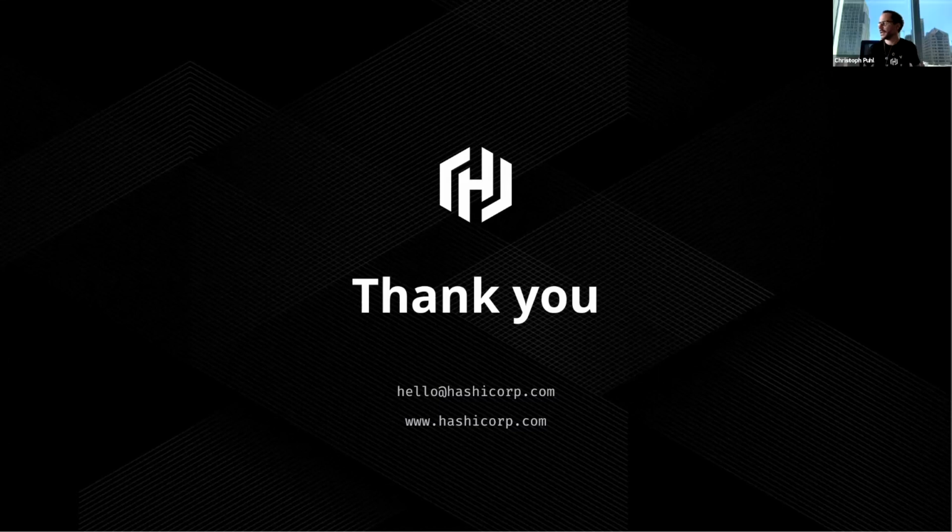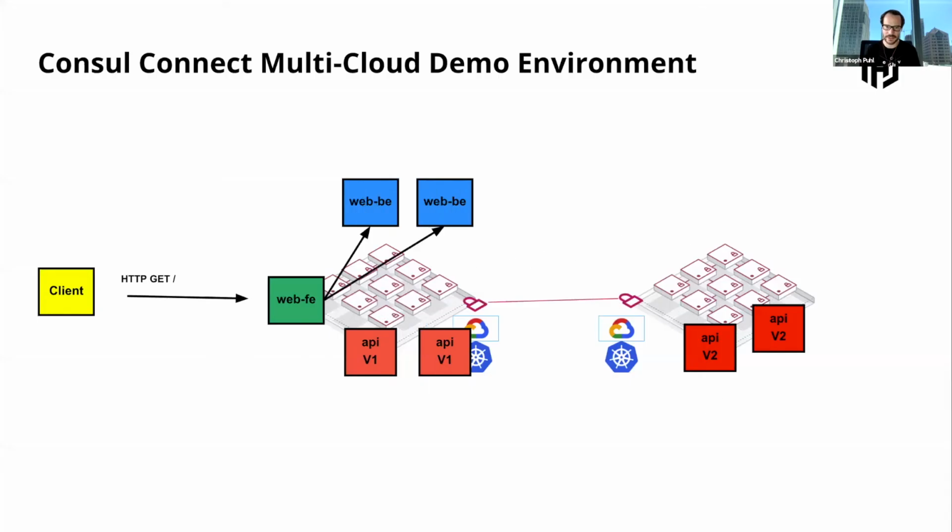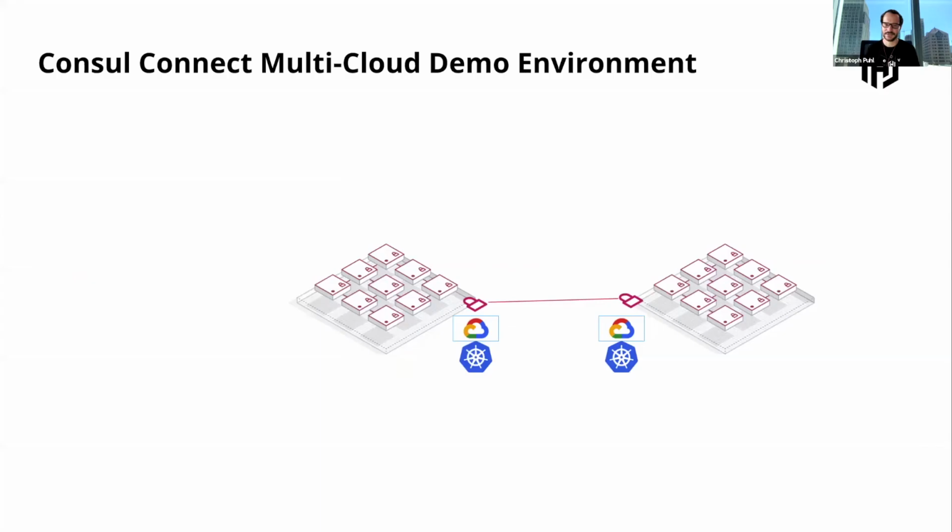The two accounts. So let me quickly go back. If those are the two AWS accounts, and you don't have end-to-end routability between your ECS containers and your EKS pods, this is a perfect use case for Consul's mesh gateway.